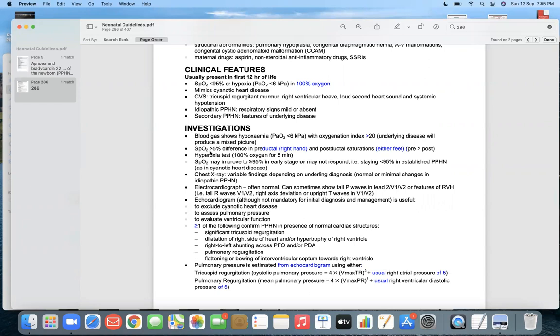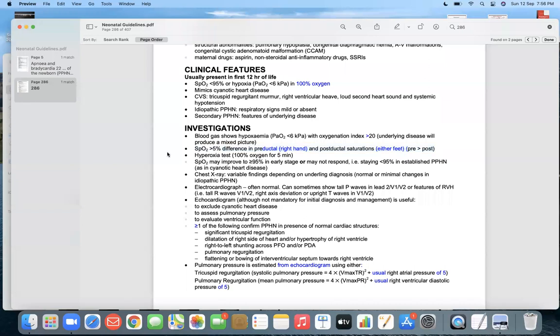Okay, SpO2 more than 5% difference. Here it's given: preductal right hand and postductal saturations in either foot, pre more than post. So here it's given as 5%. I don't know why they've given it particularly for PPHN. That 3% is, I'm sure, the difference we consider for coarctation and so on.